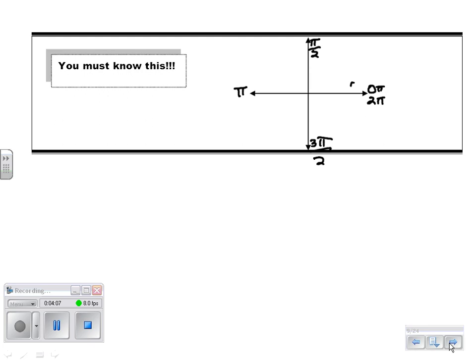In degrees, that's 0 degrees, 90 degrees, 180 degrees, 270, then 360. You must know those angle values. You have to be able to relate pi and 180. You have to know where 270 is, where 90 is. All of those are extremely important.